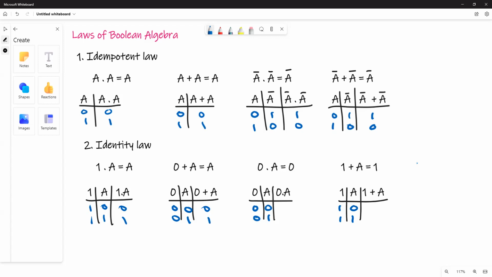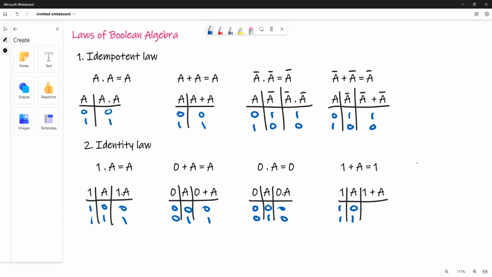Then the multiplication of any Boolean variable with 0 will give you output 0. 0 into 0 is 0, 0 and 1 is 0. Then we have 1 plus A. Whatever A is, when you add 1, you will get the outcome as 1, isn't it?